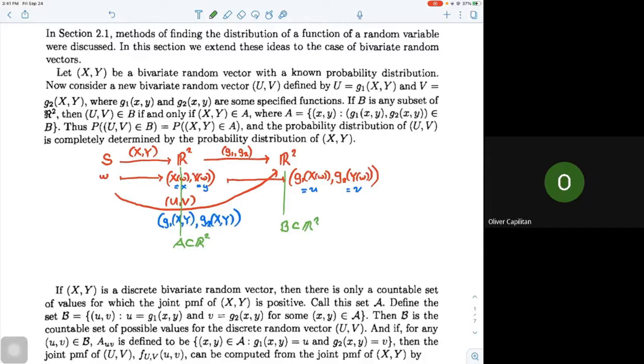So this A, as being defined, is the set of all XY. Take note, it is the set of all XY such that g sub 1 of XY and then g sub 2 of XY should be an element of B here in R square.